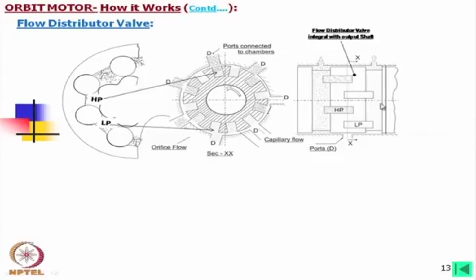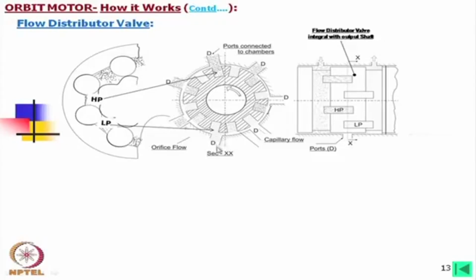Now, what we find is that through one groove the oil is coming in, and through another groove the oil is going out. On the body there is also a connection through which the oil can either come in or go out, or in other words these grooves are connected to this passage.